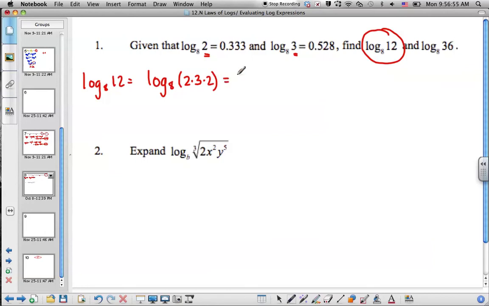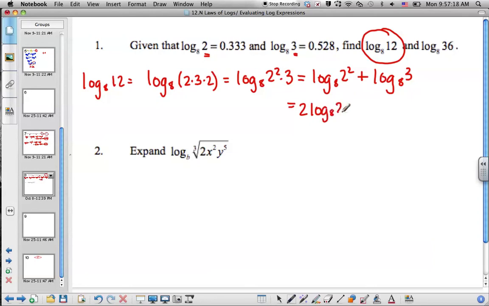So I could even say that's the same thing as log base 8 of 2 squared times 3. I can expand this out: log base 8 of 2 squared plus log base 8 of 3. And using my power rule, this would equal 2 log base 8 of 2 plus log base 8 of 3.